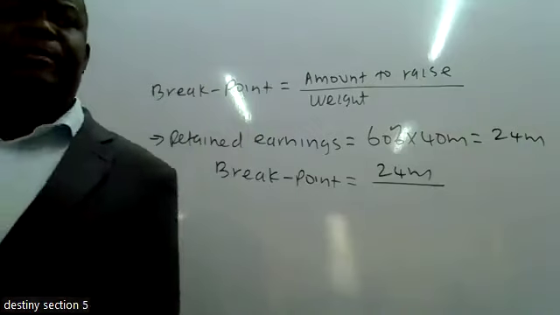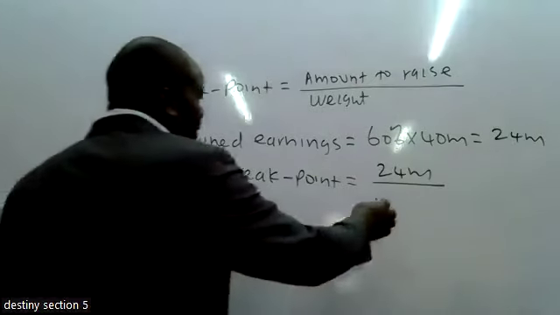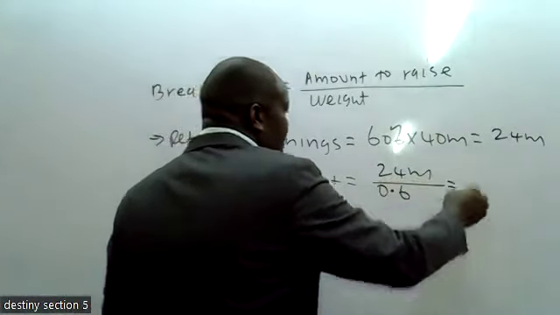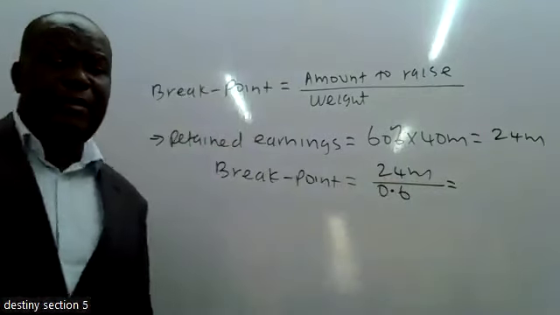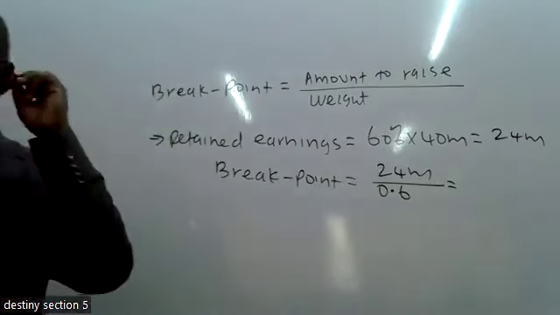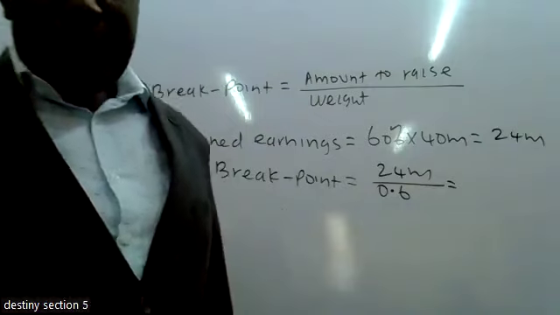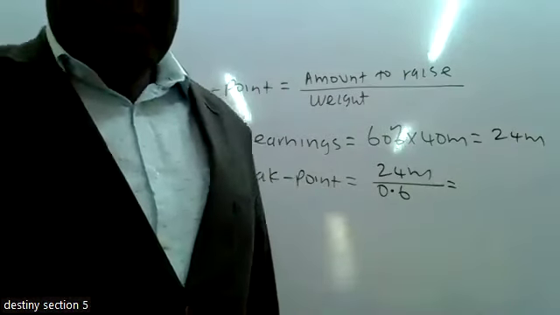Retained earnings is part of equity, so we divide by 0.6. The weight of equity is 0.6, a value we had seen earlier.